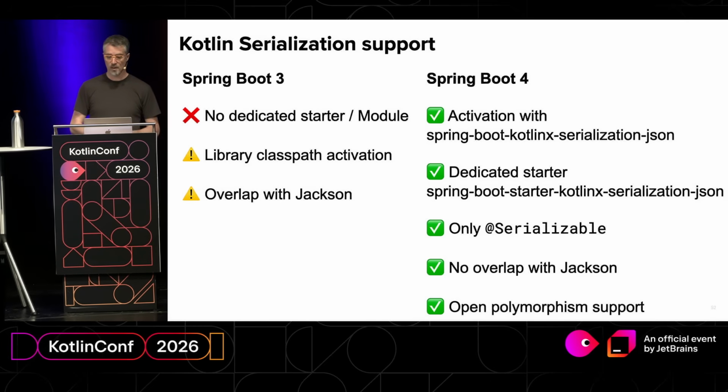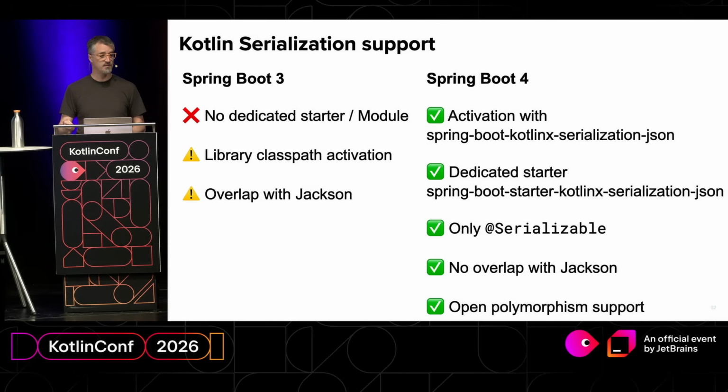So in Spring Boot 4, we have tried to solve all those issues. Thanks to Spring Boot 4 modularization, you now have a dedicated Spring Boot Kotlin Serialization JSON module and related starter. By default it will only serialize Kotlin classes annotated with @Serializable. So if you have enums or other types that were in between Jackson and Kotlin Serialization, it's not the case anymore.